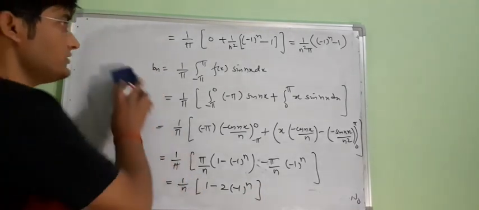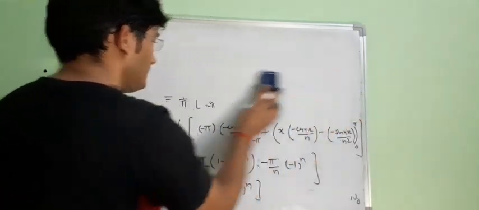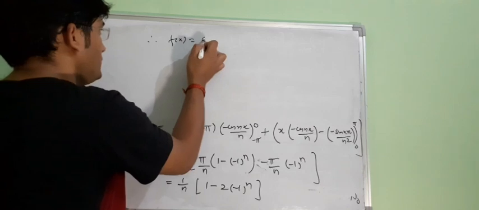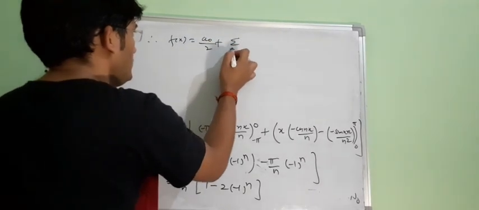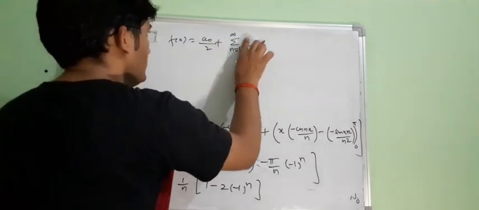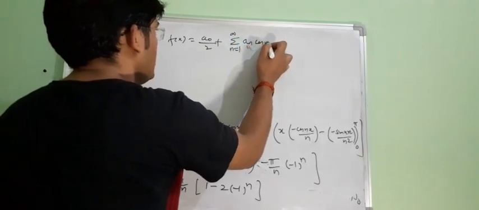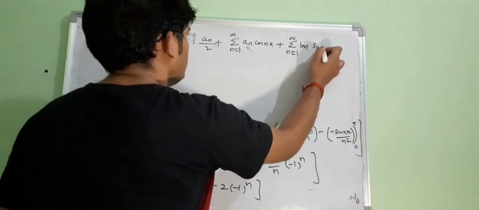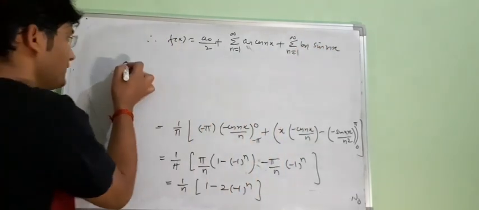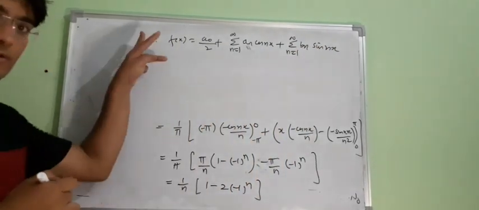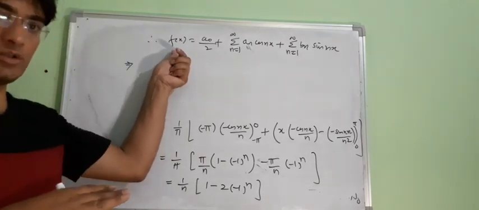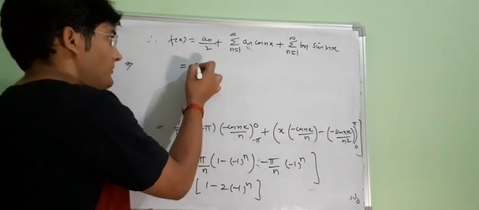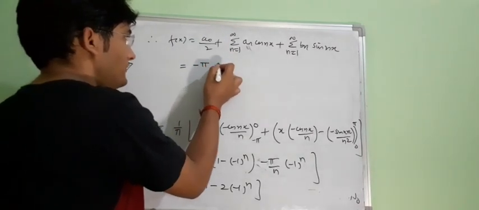So the Fourier series is thus f(x) equal to a0 upon 2 plus summation n equal to 1 to infinity of an cos nx plus bn sin nx. Please remember that in this case the function is discontinuous, so we cannot write f(x) as a particular value. Now a0 was minus pi by 2, so this will be minus pi.